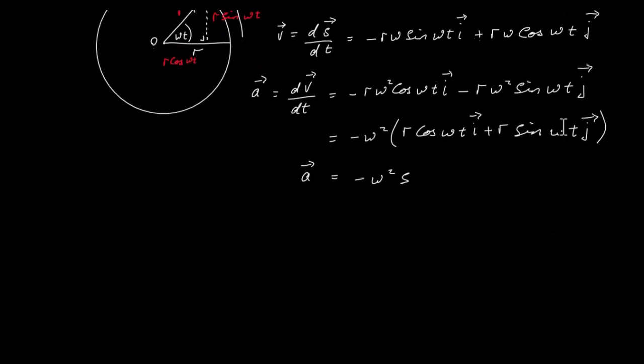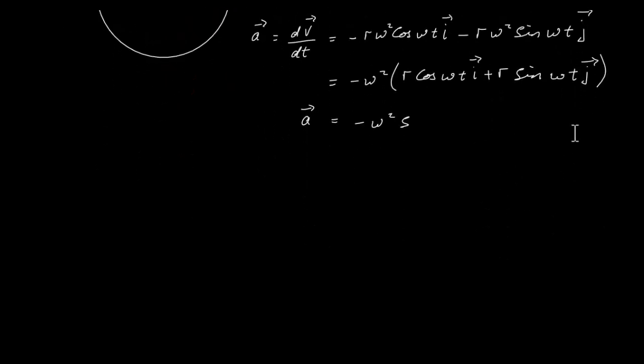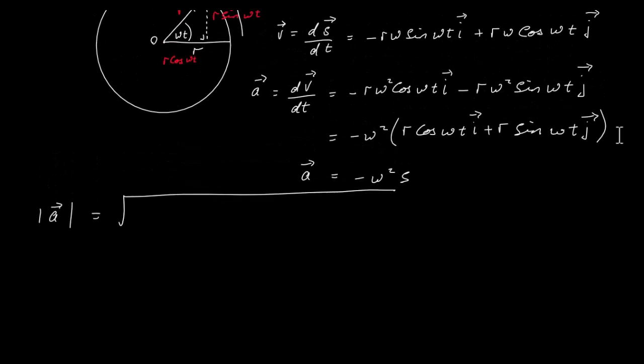So let's have a look at the magnitude of this particular vector now. We want to find the magnitude of our acceleration vector. That's going to be the square root of a squared plus b squared, if you like. We're going to look at this particular version of the vector here.